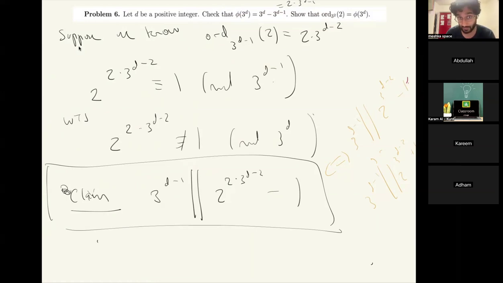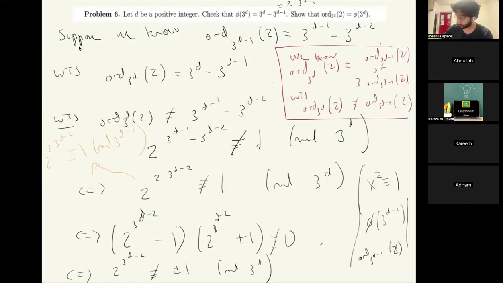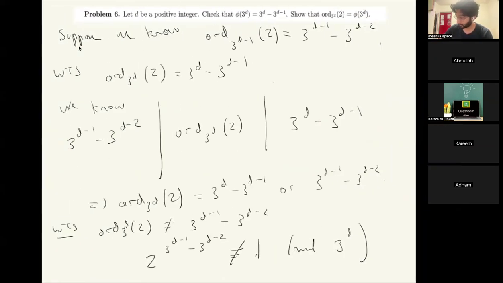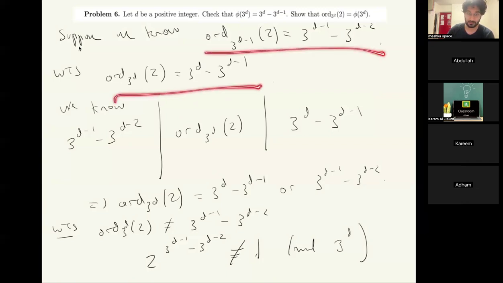And we can summarize. So first we had this thing, right? We tried to prove by induction. So first we say, suppose we know this, we want to show this.